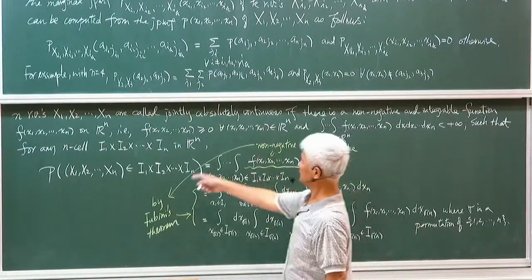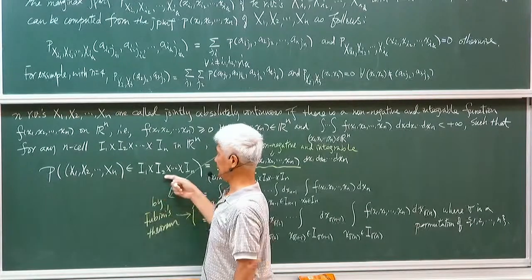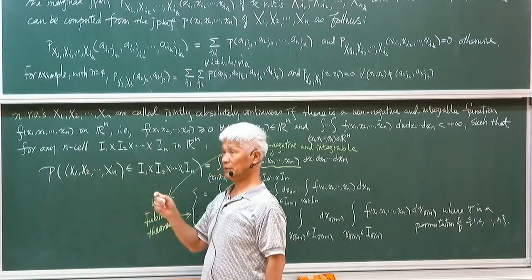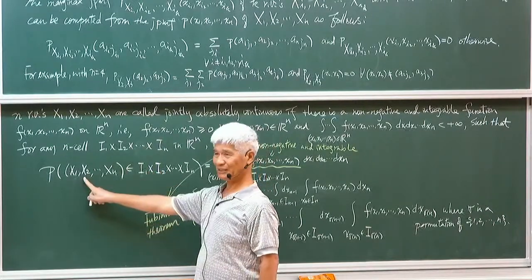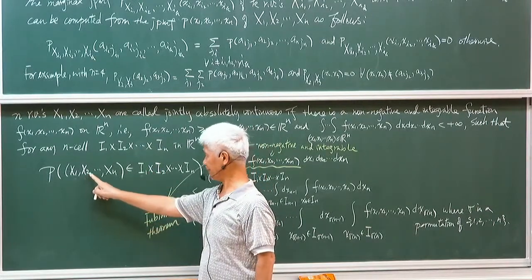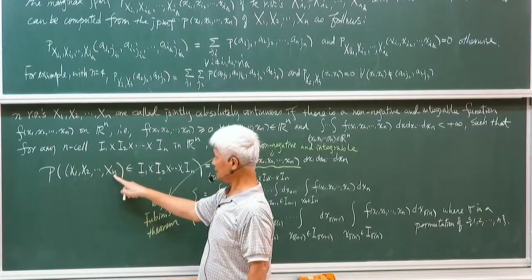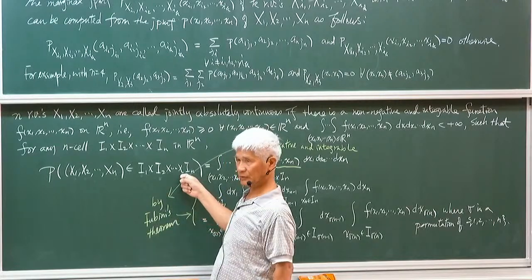You can see that these events just say that the first random variable has value in the first interval, the second random variable has value in the second interval, etc., up to the nth random variable has value in the nth interval, right?